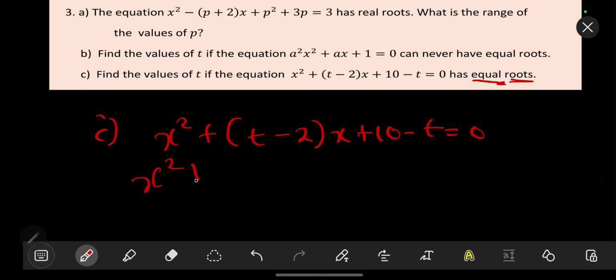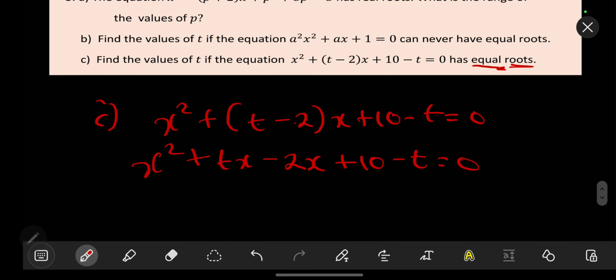We have x squared plus this x times t, it will be tx. This x times 2, it will be minus our 2x. Then we are going to have plus our 10 minus our t should be equal to 0. So we are going to now arrange. So this one, the one with x squared, that's our a.